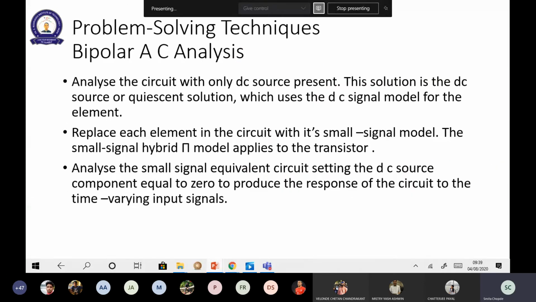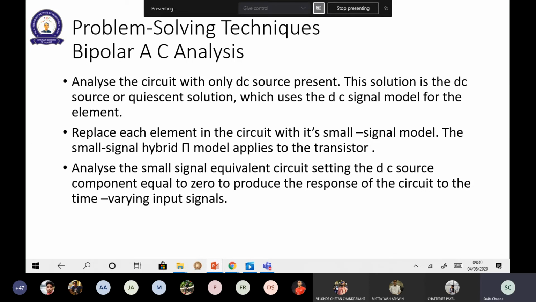Okay. So, problem solving techniques. Now we are moving ahead to solving the problem. Before that, what are the things you have to analyze before solving a problem? You analyze the circuit with only the DC source present, and we are fully exploring our superposition theorem over here, by taking one source at a time and analyzing the circuit with full effort.